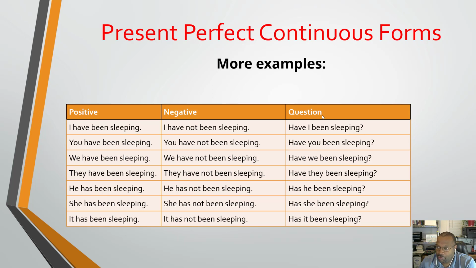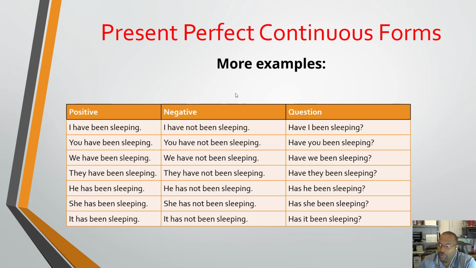Questions. A little bit more complicated. We're going to change things here. Have I been? Have you been? Have we been? Have they been? Notice the change here. Has he been? Has she been? Has it been? Okay?